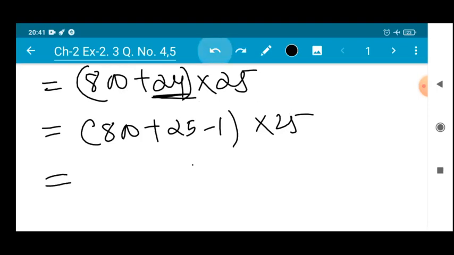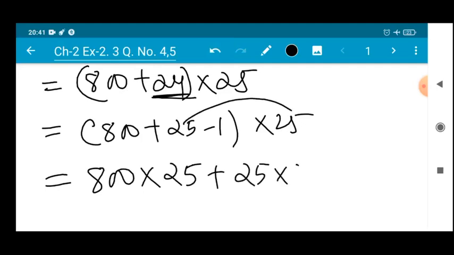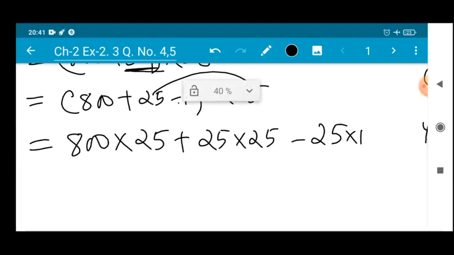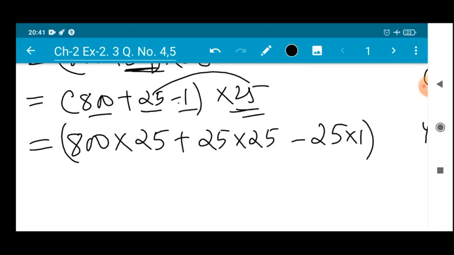I will now multiply this with 1 by 1 each, plus 25 into 25 minus 25 into 1. So this is what I get when I open the bracket. First of all, 800 into 25, then 25 into 25, then minus 25 into 1. You have to remember what sign is there.